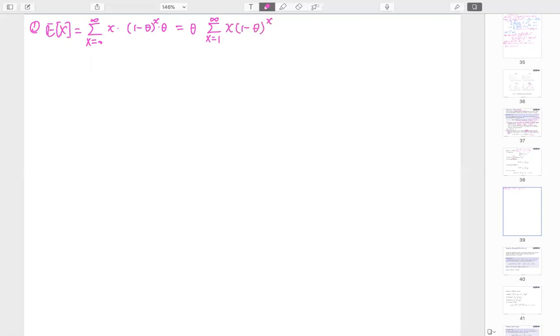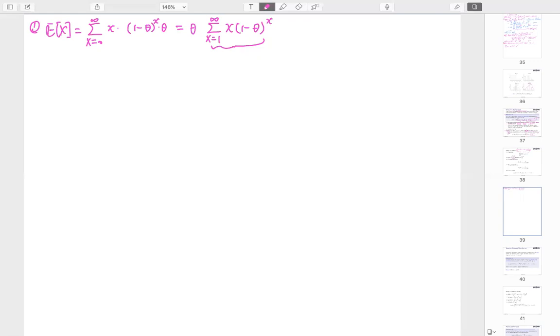This is not an easy summation to do because I have x in front, right? If there's no x, it's so easy. It's just a geometric series. Now with x, it's somehow non-trivial, so we need a little bit of effort to do this question.